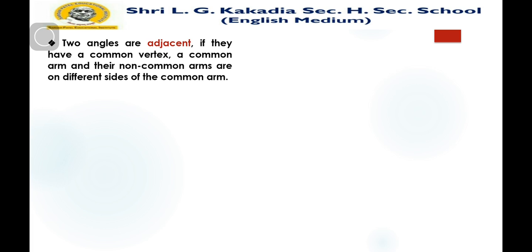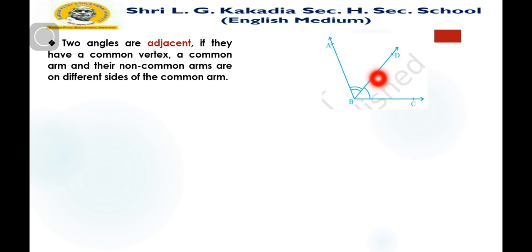Two angles are adjacent if they have a common vertex, a common arm, and their non-common arms are on the different side of the common arm, such as you can see in the figure. Here you can see that there are two angles, ABD and CBD.